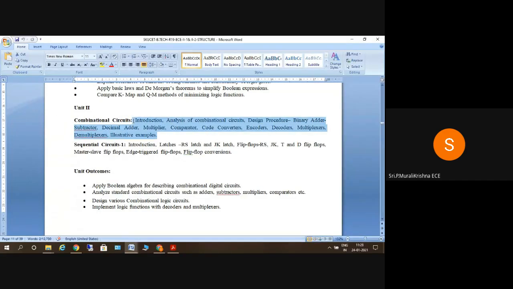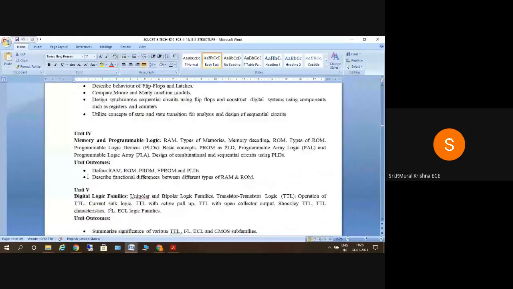I'll complete combinational circuits. Once done with them, I'll not start sequential circuits right away. I'll start with PALs, and there is no connection between combinational circuits and this; if you understand, that's enough.